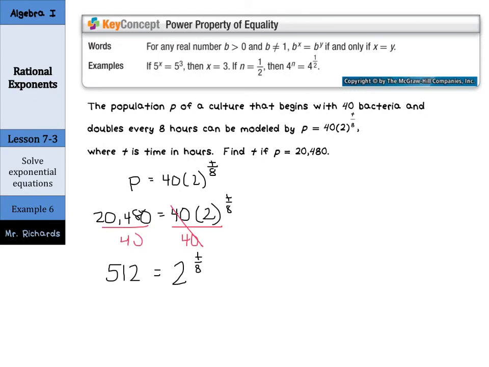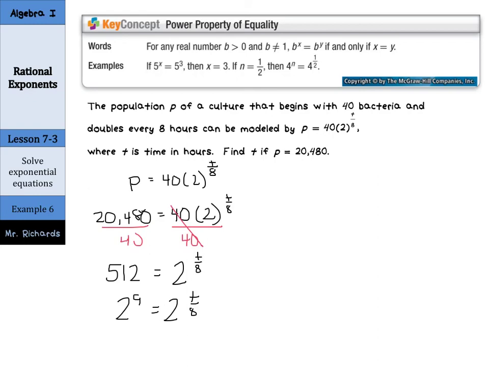Now, I have one base at 2. My 512 I can actually rewrite as a base with 2 as well. 512 is 2 to the 9th. And that's going to equal 2 to the t over 8 power.